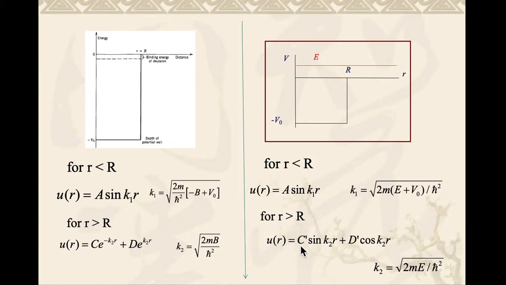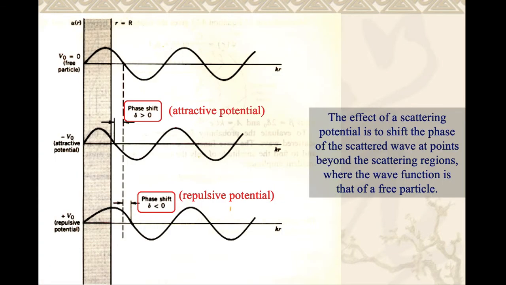And here u of r is equal to c prime sin k2r plus d prime cos k2r, with k2 equal to the root of 2m, in place of this B, we have E, by h cross squared. So here E is positive. That is why for r greater than R also we have a solution based on sine and cos. So this is the case.